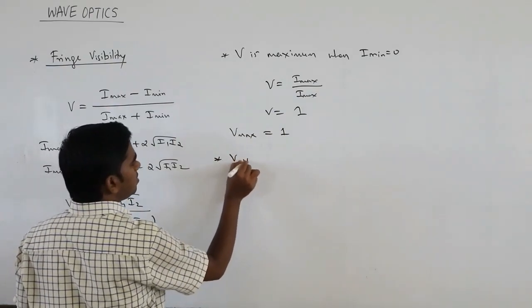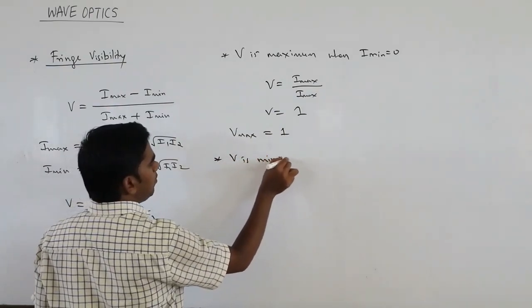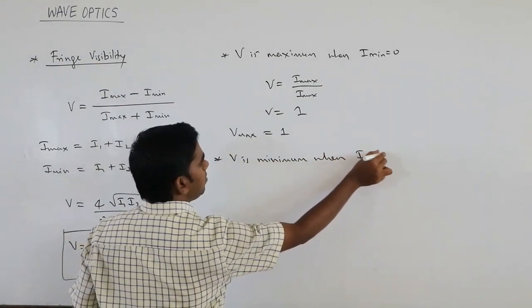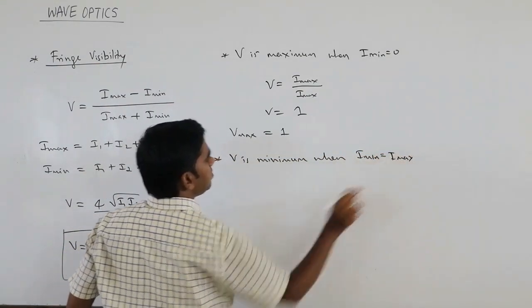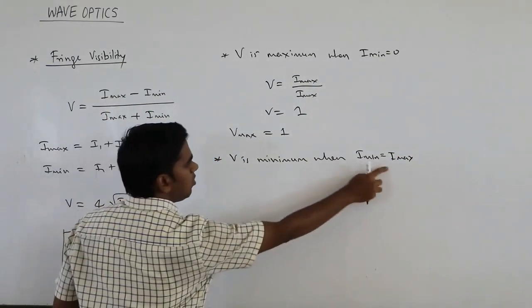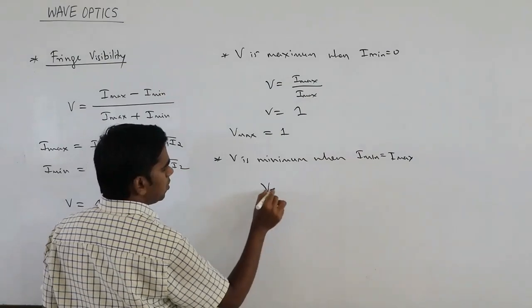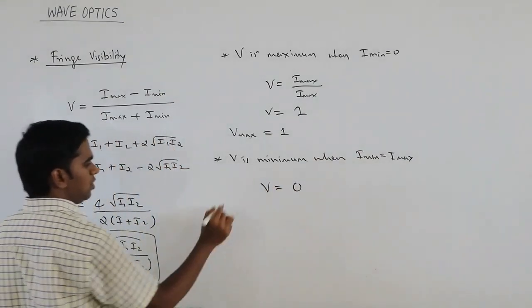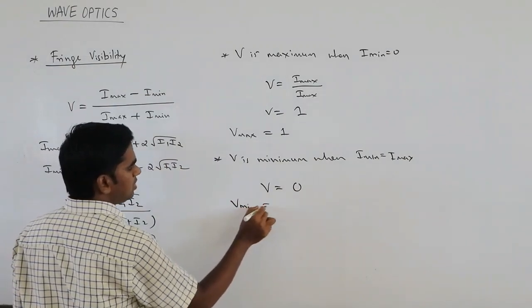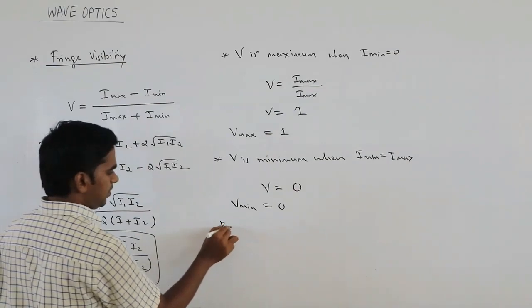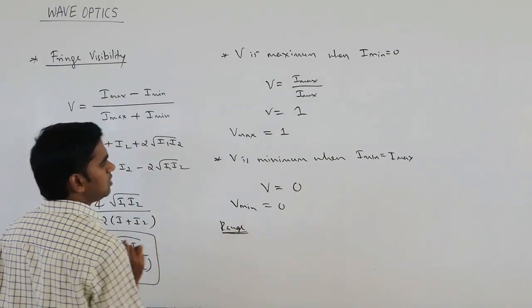Similarly, V is minimum when I minimum is equal to I maximum. When I minimum equals I maximum, V will become minimum, so fringe visibility will become 0. So the minimum value of V is 0. Then what is the range of visibility?